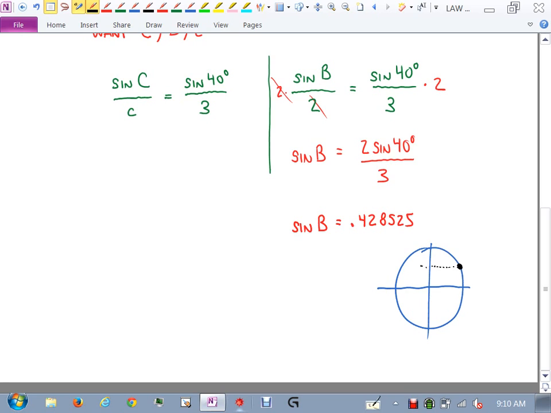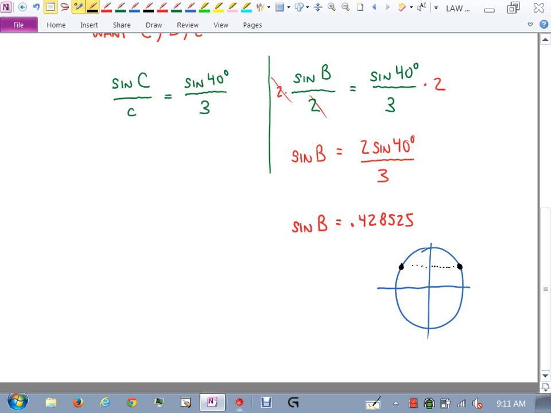No, it could happen over here also, right? So there looks like there's actually two angles where this could happen. And both of those angles, would you agree, are smaller than 180 degrees? So it could be possible that they could both be angles within a triangle. So I'm going to have to consider both. But first I have to use the calculator to tell me what the heck the angle is.